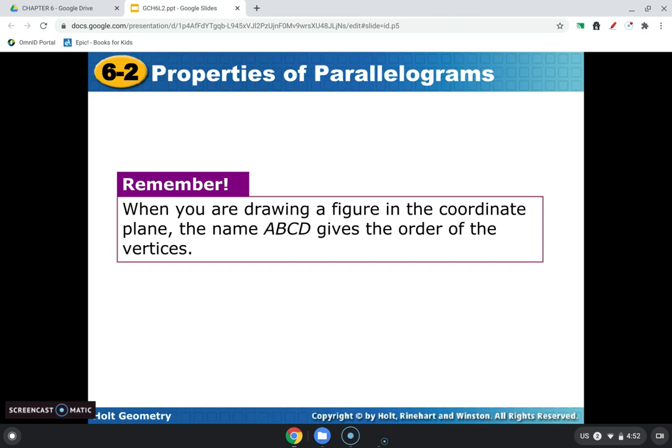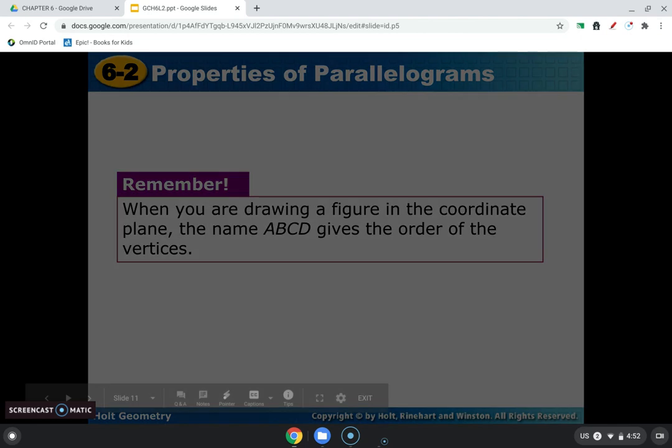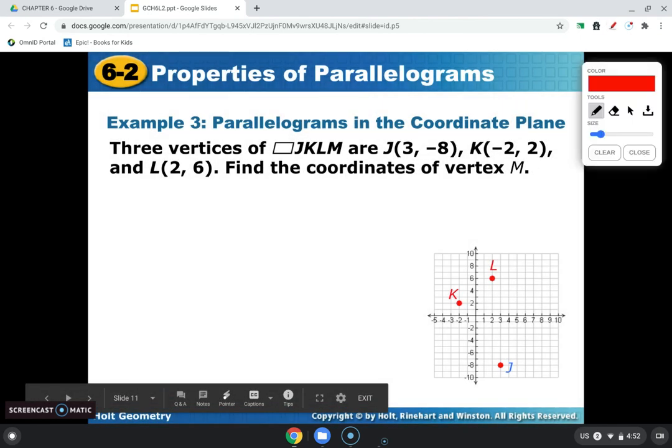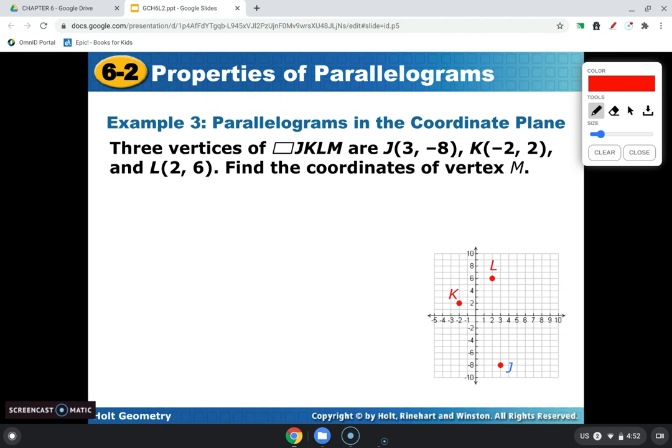When you are drawing a figure in the coordinate plane, the name ABCD gives the order of the vertices. So when you're doing these next type of problems, make sure that you put them in order. So J, K, L, we need to find the coordinates of vertex M since this is a parallelogram. Well, if you think about the slope, we know they're parallel.